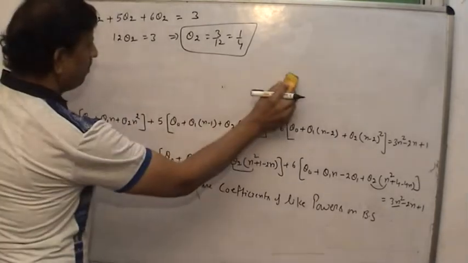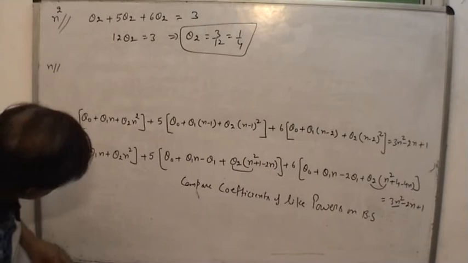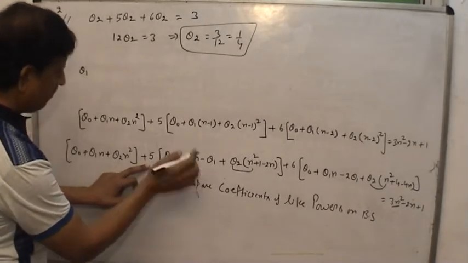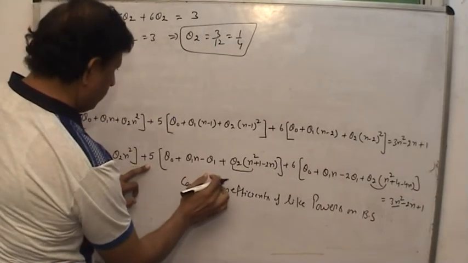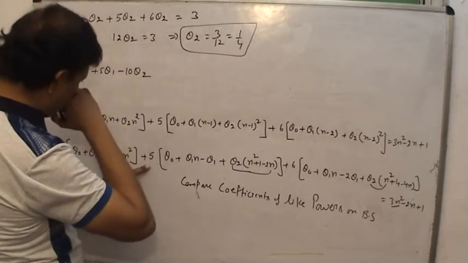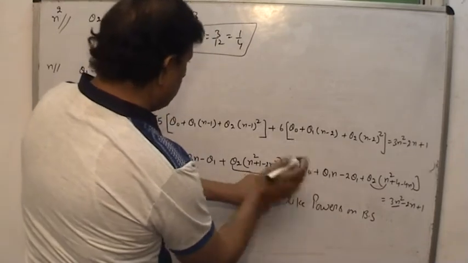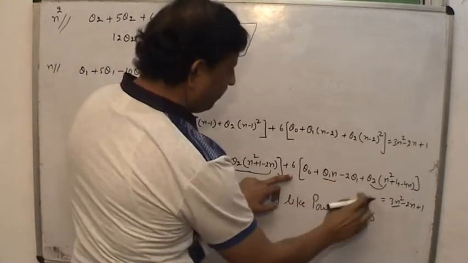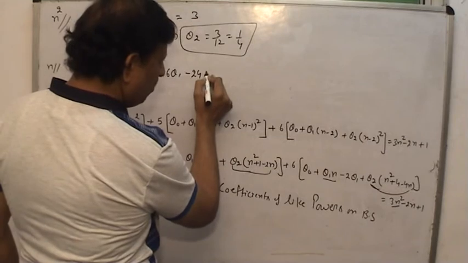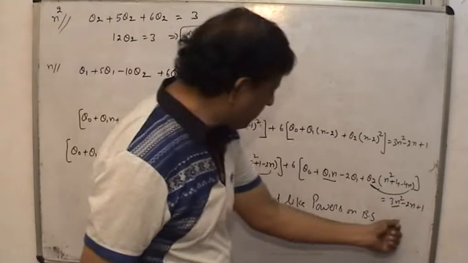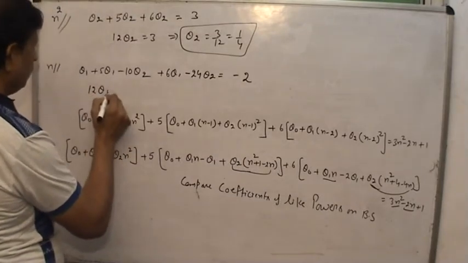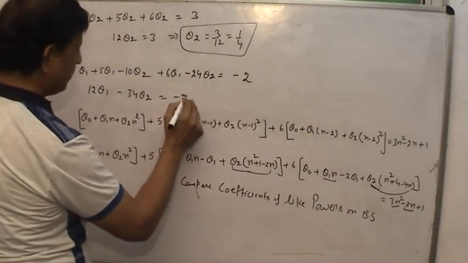Now we try it for the term n. For n, in the first bracket the coefficient is Q1, for the second bracket 5 Q1, then minus 10 Q2, plus 6 Q1, then minus 24 Q2, is equal to, on the right hand side, coefficient of n, which is minus 2. 12 Q1 minus 34 Q2 is equal to minus 2.